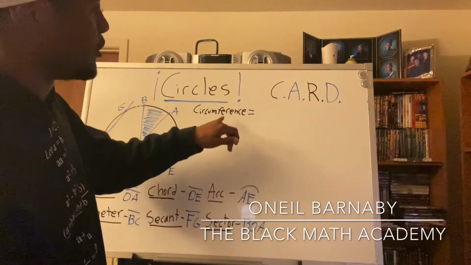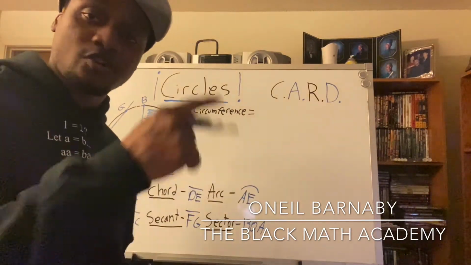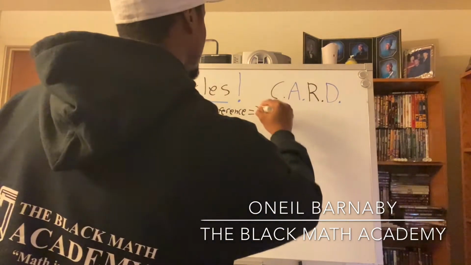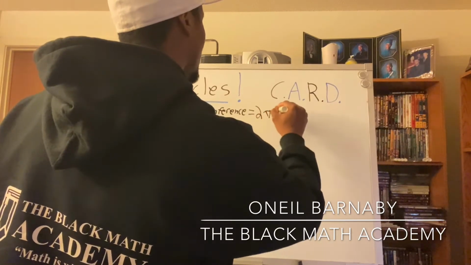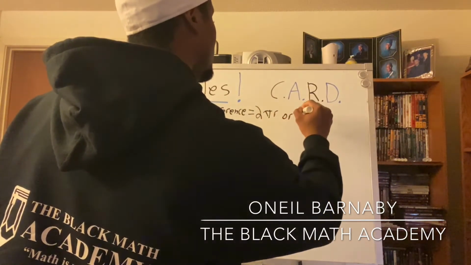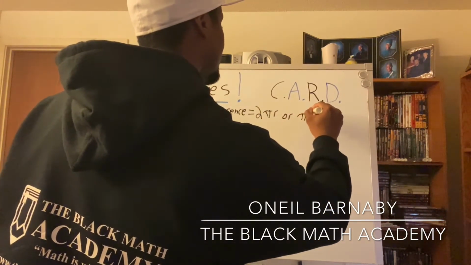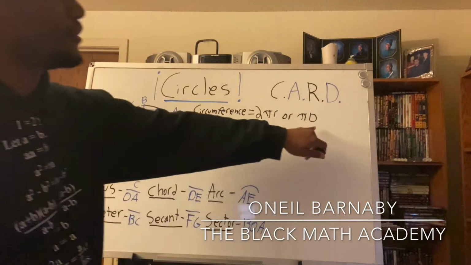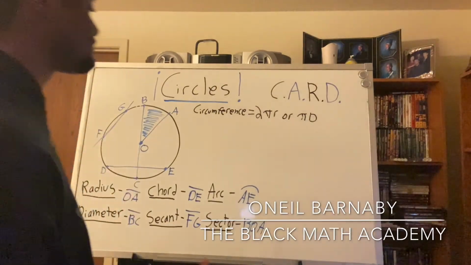We actually use the phrase circumference instead because a circle doesn't have any sides. So the formula for circumference is 2 pi r, or pi times d. Okay, R stands for radius and D stands for diameter.